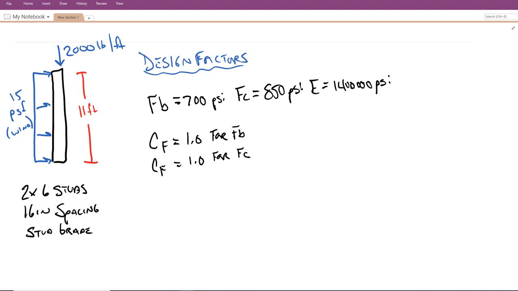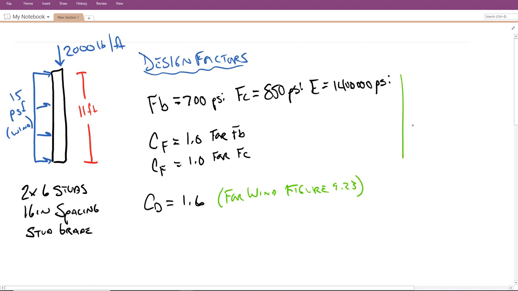I think the line in the table says 5 and 6 inches for stud grade, so we just need to make sure we're on the right grade section there. If you go to figure 9.23, we can pull the duration adjustment, and for wind we discover that it's 1.6. All these other factors are from the supplemental tables that I posted.